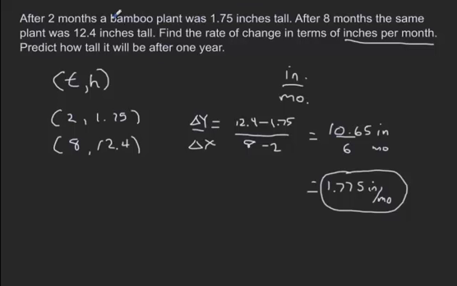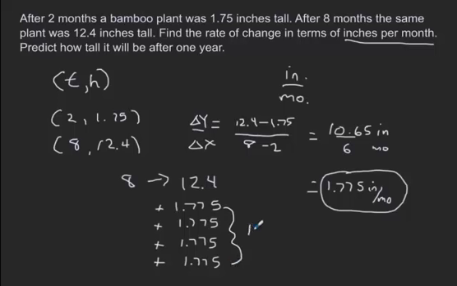Now, at the end of 8 months, it's 12.4 inches tall. And every month, I'm going to add in this 1.775. So I could just add 1.775 in 4 times. But as we know, adding something 4 times is like multiplying it by 4.